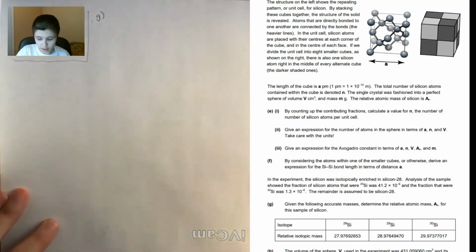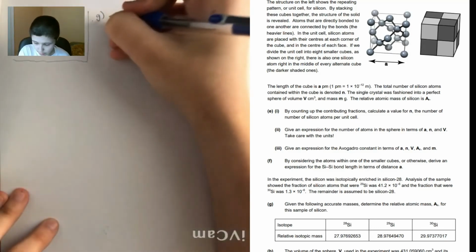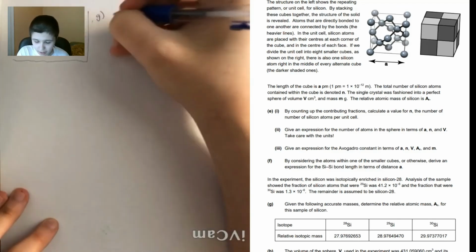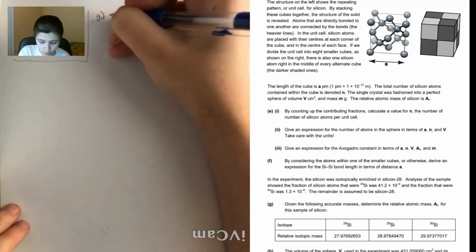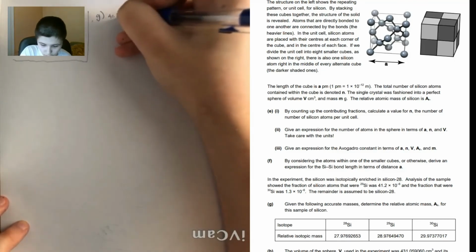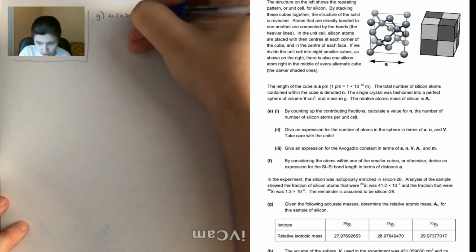Part G, that's just a bunch of algebra. I'm going to have the fraction of silicon-29, that's 41.2 times 10 to the minus 6 times the mass of silicon-29, so that's 28.9 blah blah blah.